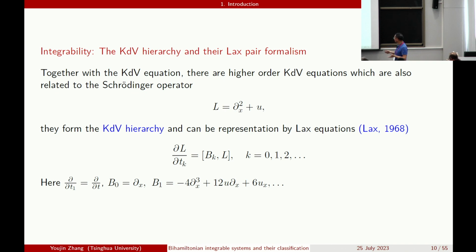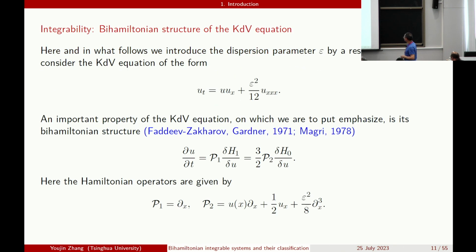So after this, people found more and more soliton equations like KdV. So this is the integrability given by the Lax equations. And then another important aspect of integrability, which our title refers to, is the bihamiltonian structure.